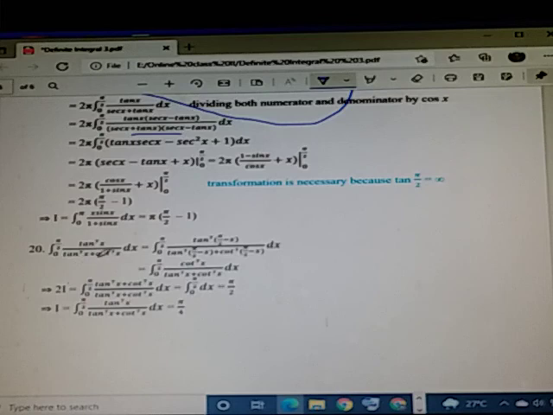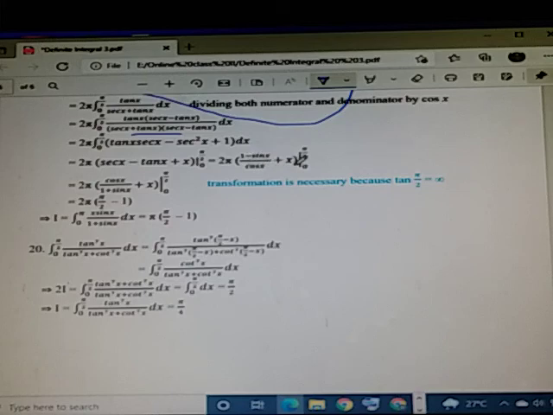Next, number 20, same, it is property 4. So property 4 you are applying, this becomes 1, so it is simple. One step here: tan x, we cannot put the pi by 2 limit here, that is why we have written like this, twice pi, then sec x minus tan x, 1 minus sin x by cos x.